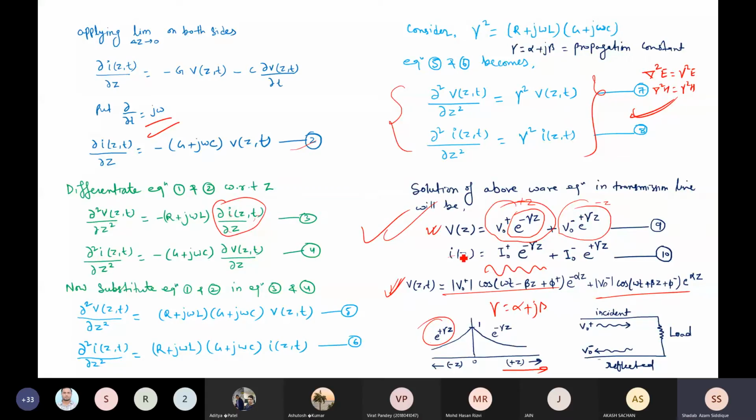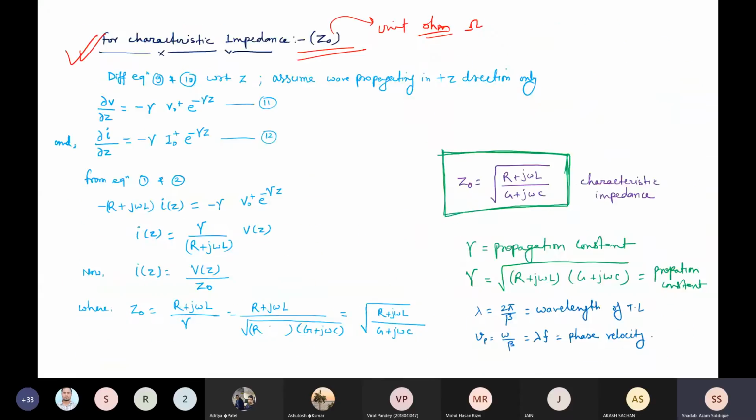V is equal to I into Z, so you can write V of z is equal to I of z into Z naught. Here z is the length, the direction or space dimension. So Z naught should be equal to V of z divided by I of z. That's how we will find it.